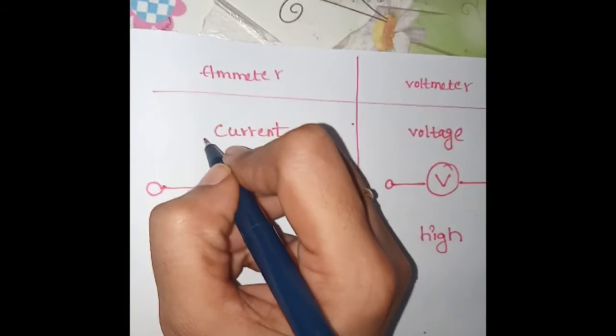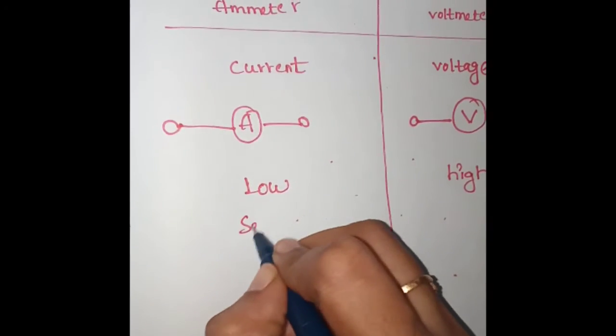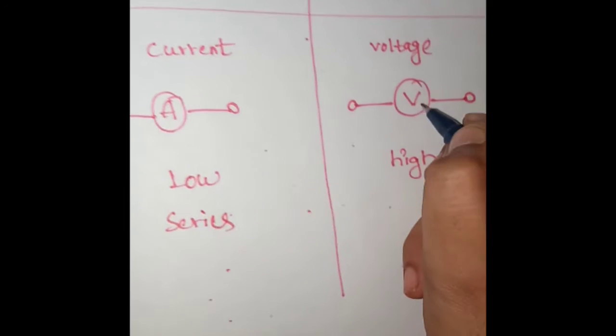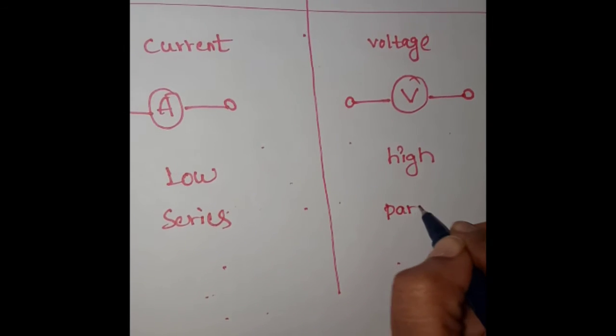An ammeter is connected in series with the circuit, but a voltmeter is connected in parallel with the circuit.